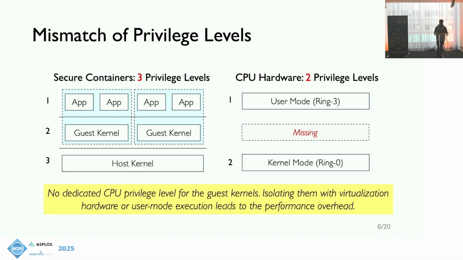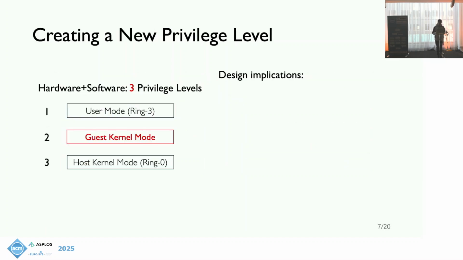There is no dedicated CPU privilege level for guest kernels, so HVM or PVM have to isolate the guest kernel with virtualization extensions or user mode execution, which results in the performance overheads. So our work aims to create a new privilege level for efficient isolation of secure containers.